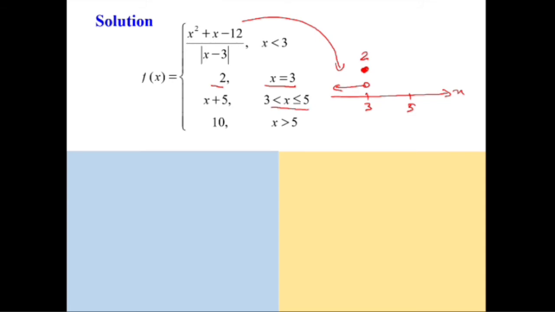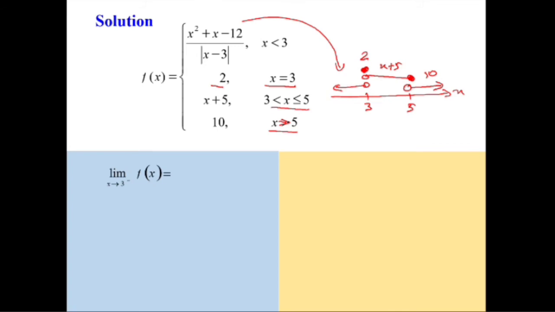Next, from 3, empty circle, until 5, then a circle, the function is x plus 5. After that, empty circle at 5 and greater than 5, because the arrow is going to the right, the function is 10.